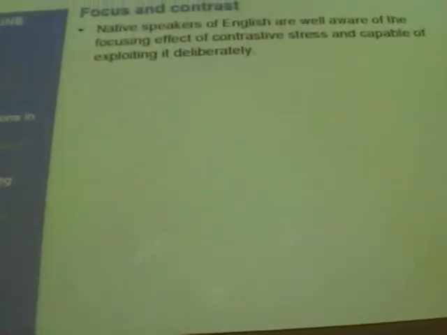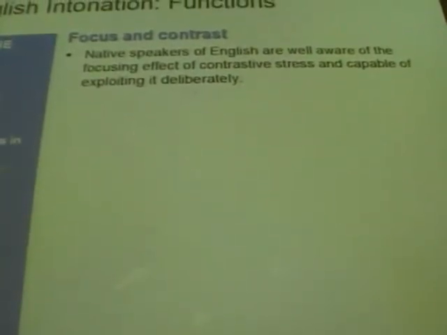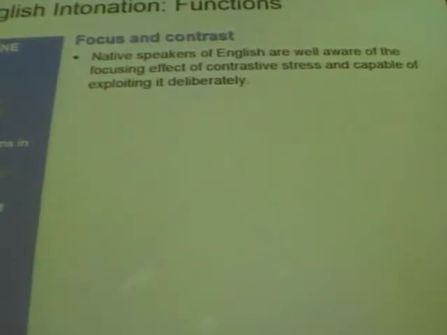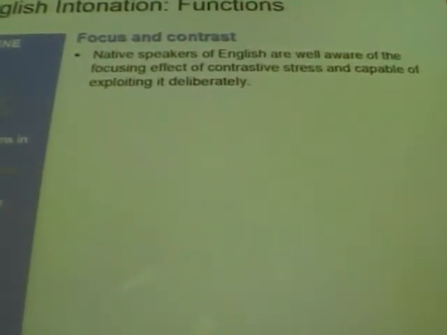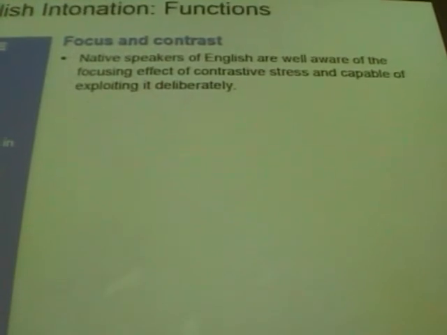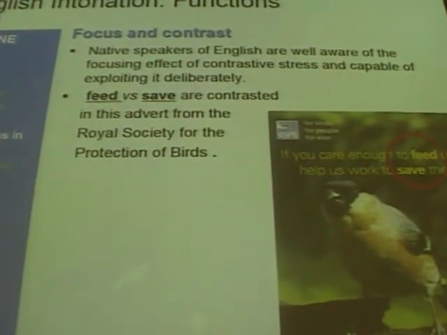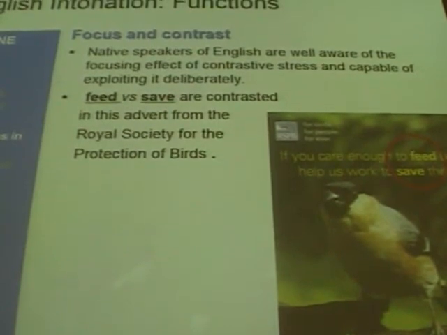Now, native speakers are very well aware of the possibilities here. And they are, consciously or otherwise, highly skilled at exploiting this. They can do it deliberately, as you can see in this advert which came through my door from the Royal Society for the Protection of Birds.